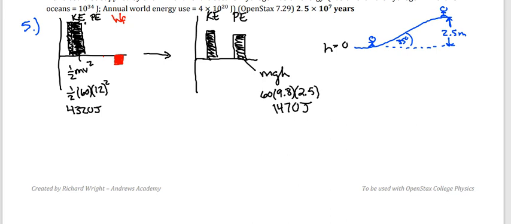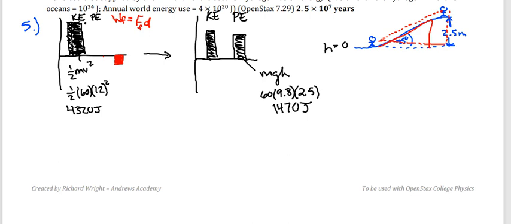Well, what is the work of friction? It is the force that's doing the work, friction, times the displacement, or the distance over which it does the work. So what is that distance? Well, the skier goes all the way up this hill. And if you'll notice, I've kind of got a nice little triangle now, where the hypotenuse is the distance up this slope.